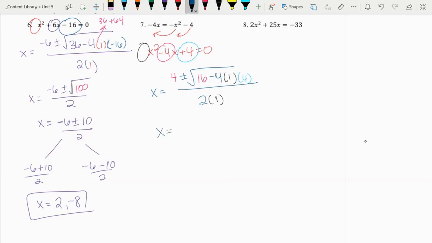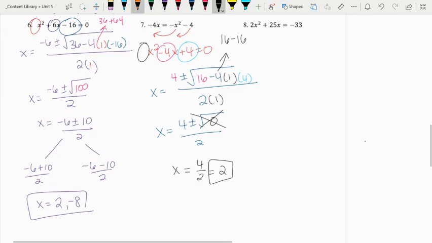At this point, we now have 4 plus or minus the square root of something over 2, right? So something is the discriminant, and if we look at it, it would be 16 minus 16, which is 0. Essentially, if you add or subtract 0, it goes away. So you're left with x equals 4 over 2, which means x equals 2.